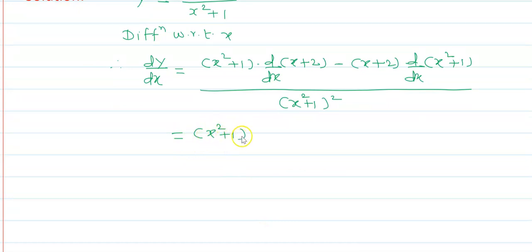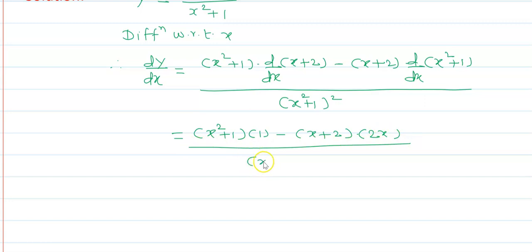x square plus 1. Now the derivative of x is 1 and the derivative of 2 is 0. Therefore into 1 minus x plus 2, the derivative of x square is 2x and of 1 is 0, and this whole divided by x square plus 1 bracket square.